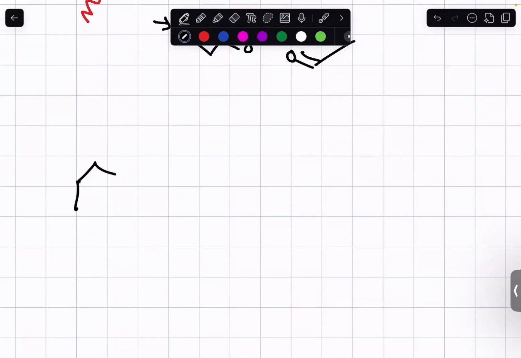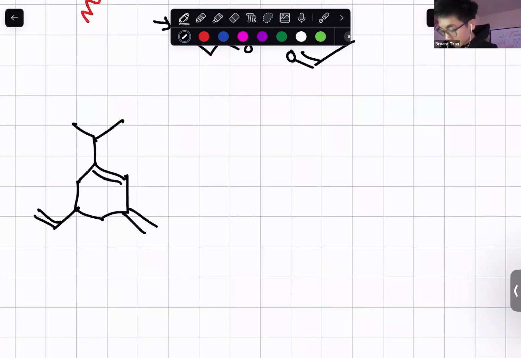Say we have this molecule here, and we react it with ozonolysis reagents.